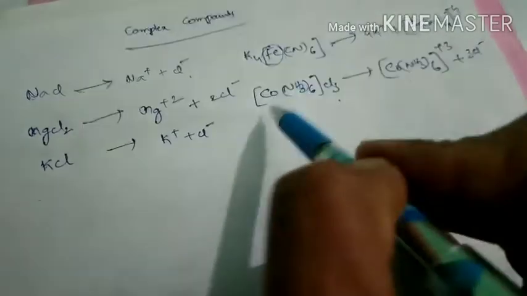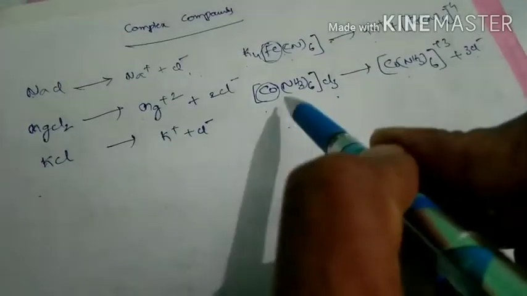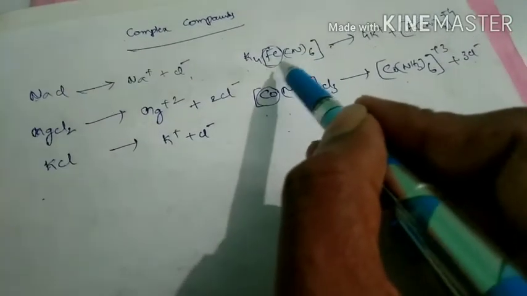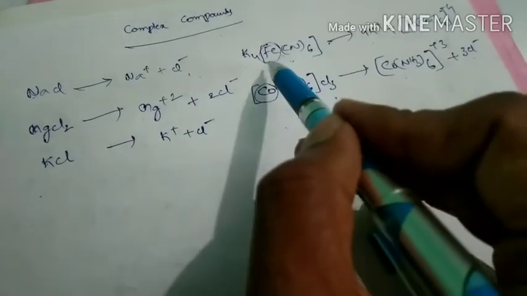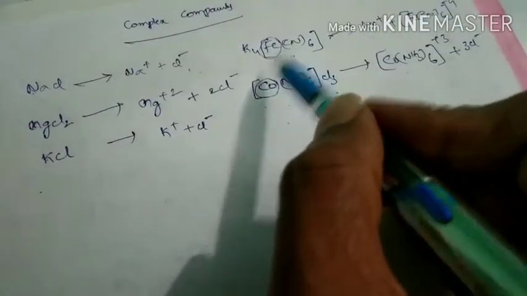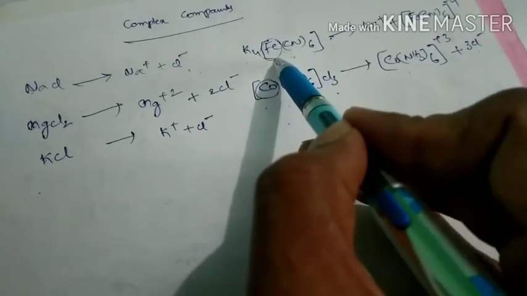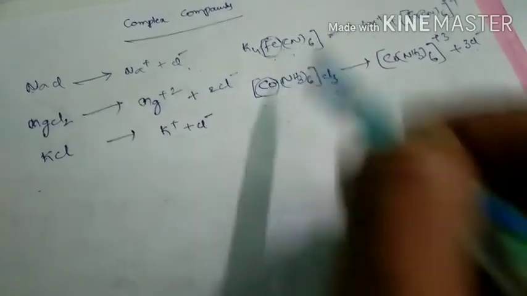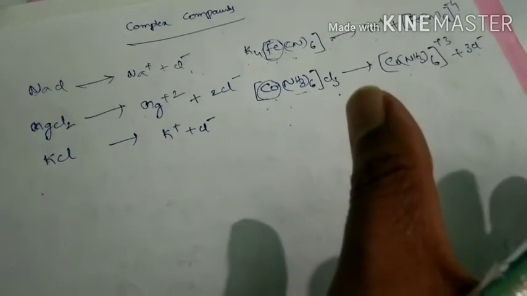In this complex compound, this cobalt is the metal atom. The substance which is attached to the metal atom is called ligand. That means in this example cyanide is the ligand. In this example ammonia is the ligand.